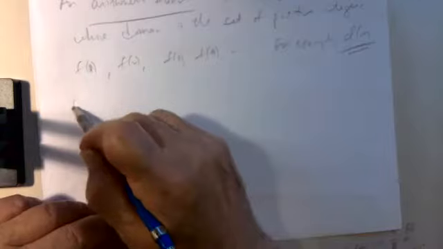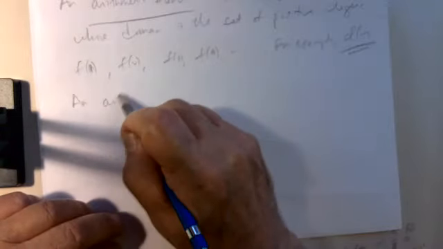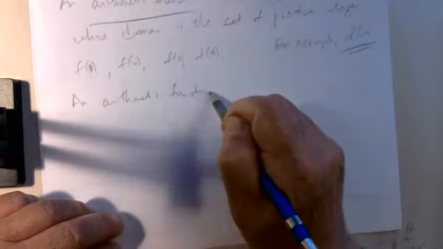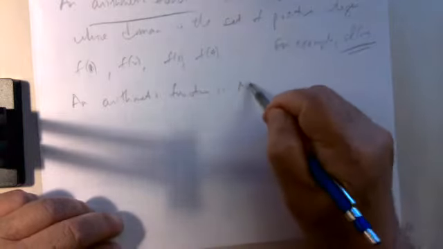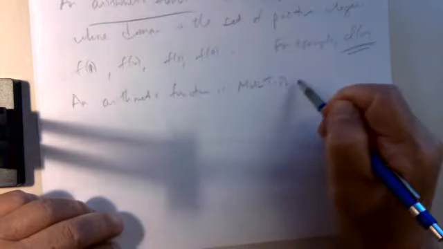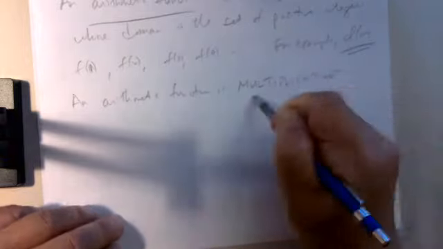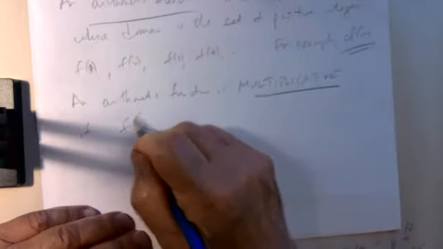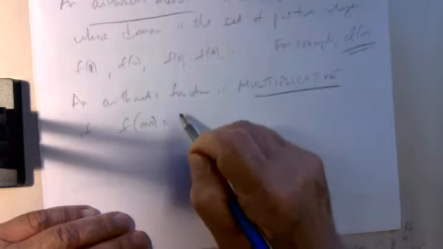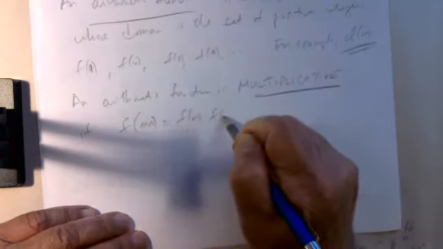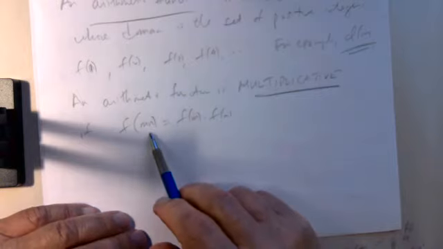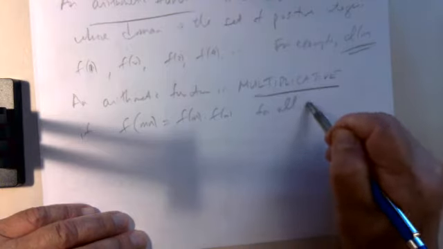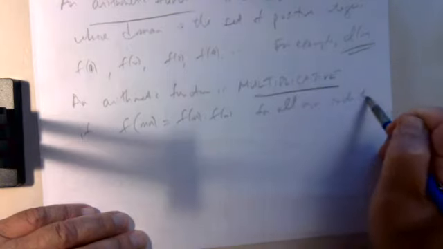And we say that an arithmetic function is multiplicative if it satisfies the following nice property: f of m times n equals f of m times f of n, but not necessarily for all integers, but for all m and n that are relatively prime.